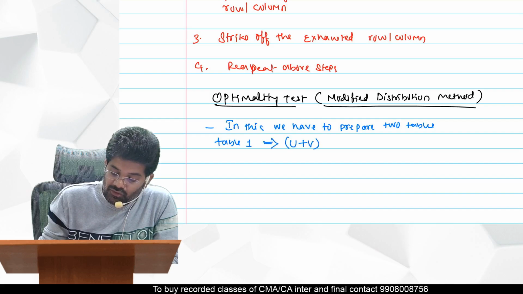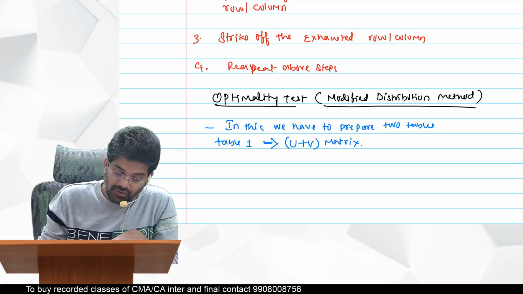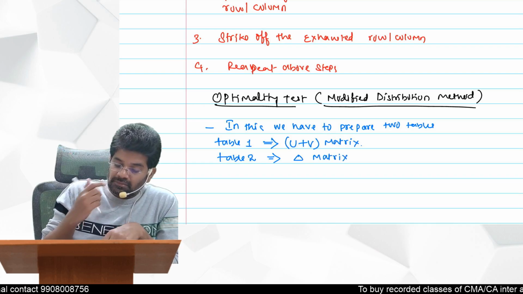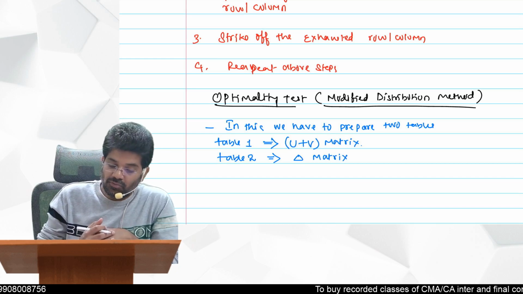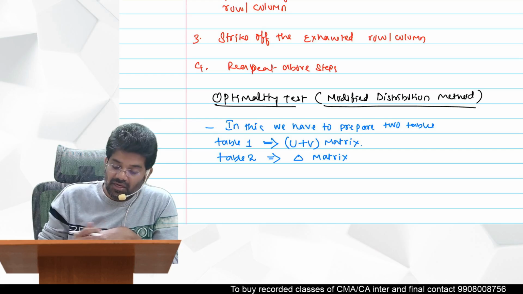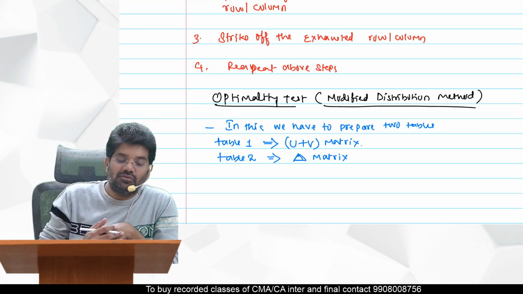We call this the U plus V matrix. Then table number 2 is the change matrix. These are the two matrices you have to prepare.